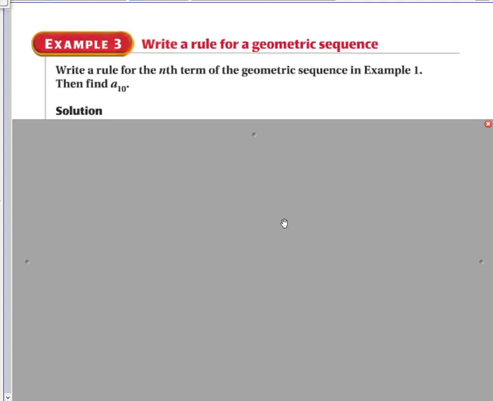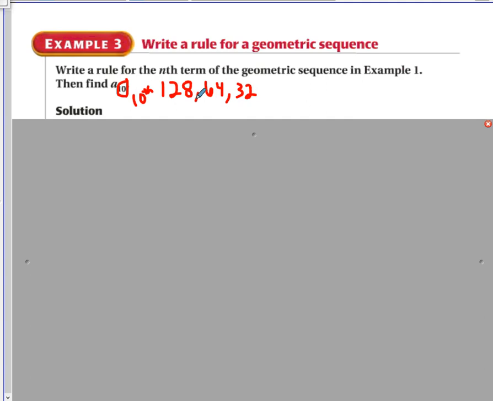It says write a rule for the nth term of the geometric sequence in example 1, and they want us to find a_10. If you remember in example 1, my first term was 128, my next term was 64, then 32, and so on. When they're talking about a_10, that means they want the 10th term.